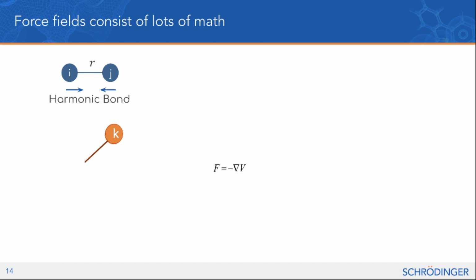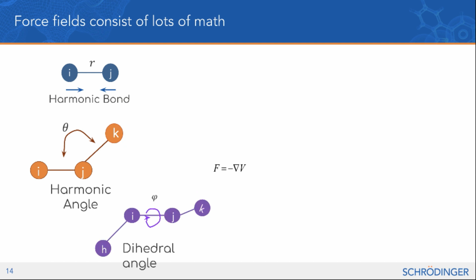Now, if we think about the different ways that molecules might want to move on a computer, or in real life, if we had two atoms bonded together like I and J here, we can imagine them moving back and forth, in and out. If we had three atoms bonded together, they might want to bend at a harmonic angle. Or we might have a dihedral angle, where it's kind of like this atom K is being swung around in a circle.